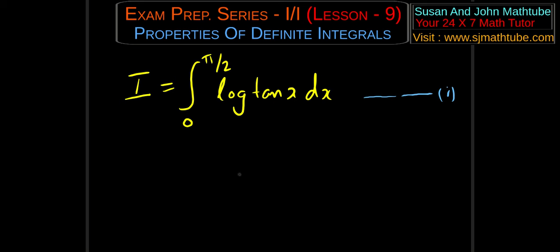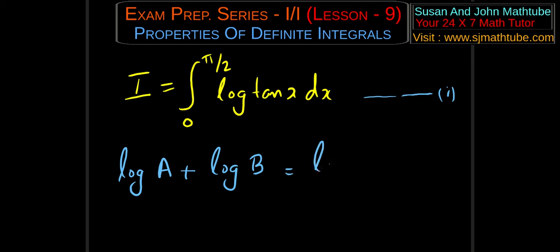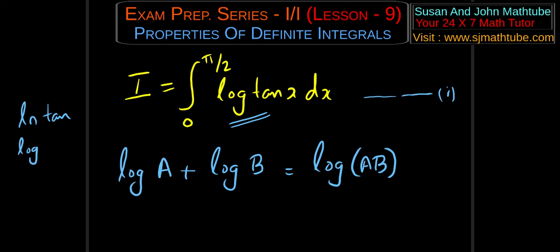And before we start, I think we have to discuss a few things. Point number 1, log A plus log B is equal to log of A into B. And one very important thing, in calculus, even though we write log tan x, it actually means ln tan x, that means log to the base e.